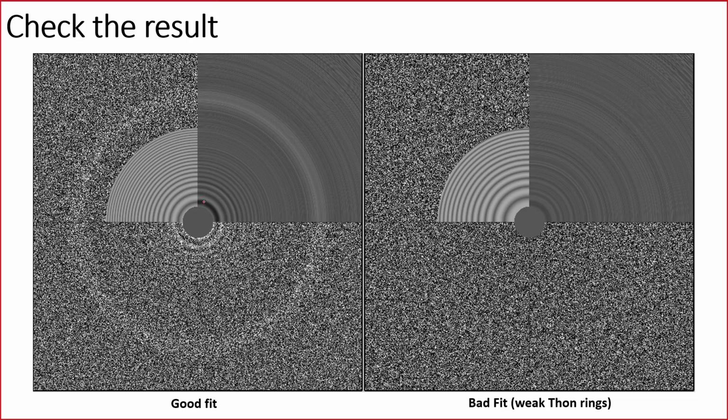On the left, we can see a very nice fit of the measured and the theoretical CTF curve, whereas on the right, we can see that this micrograph has very weak tone rings. Maybe the micrograph is bad at all. There are no particles. This might happen. But if you see that all your CTF fits are this bad, then something happened during the acquisition process. And all your micrographs, maybe the motion correction has to be checked and inspected.